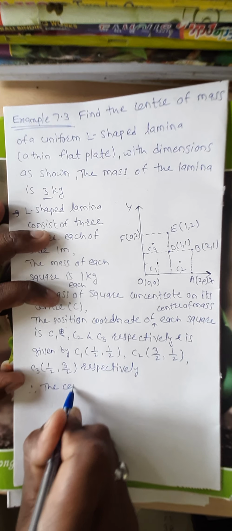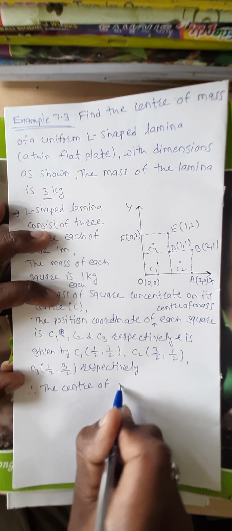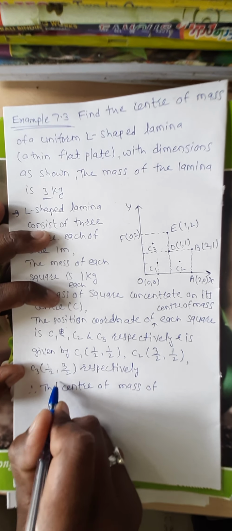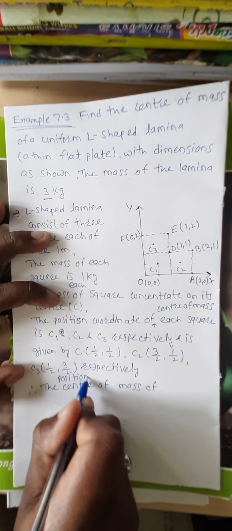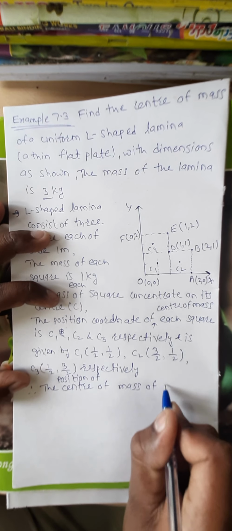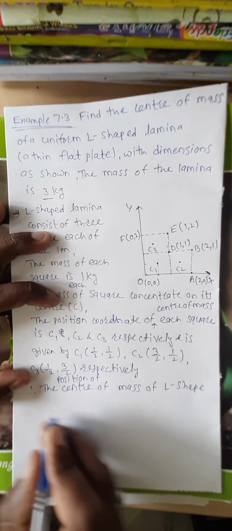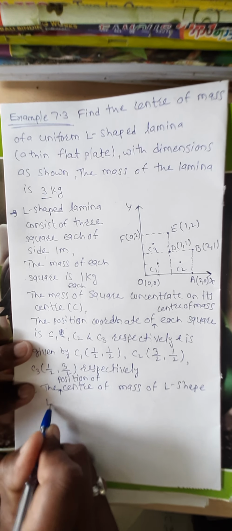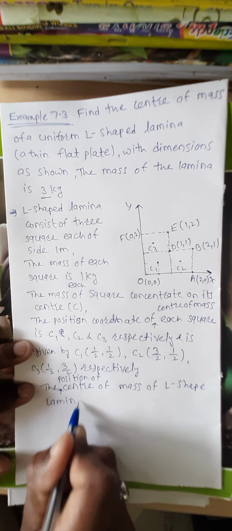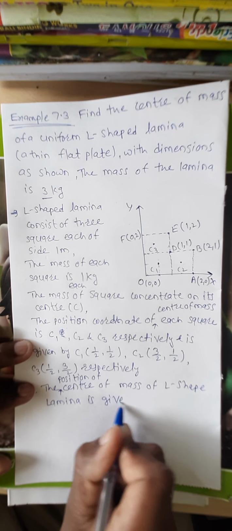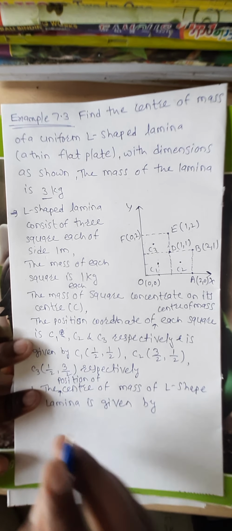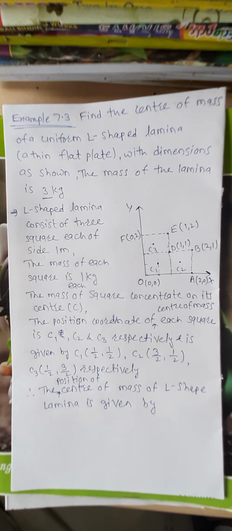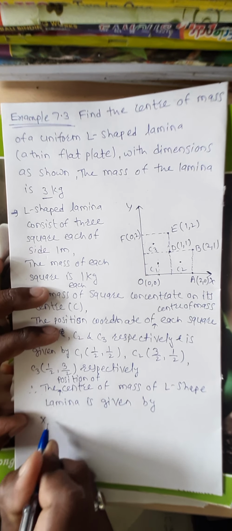Therefore, the position of the center of mass of the L-shaped lamina is given by the following. The L-shaped lamina is in a plane, so it has an x axis.